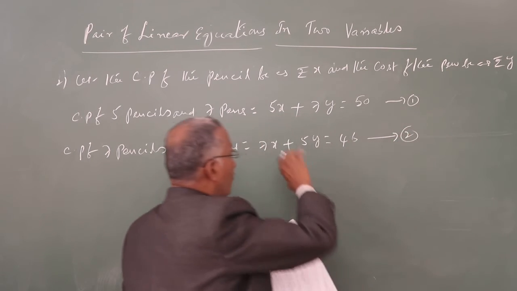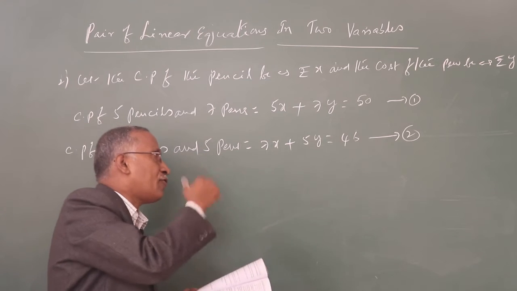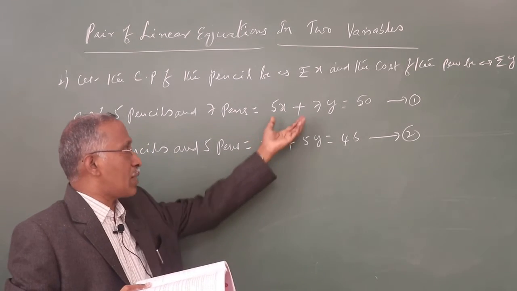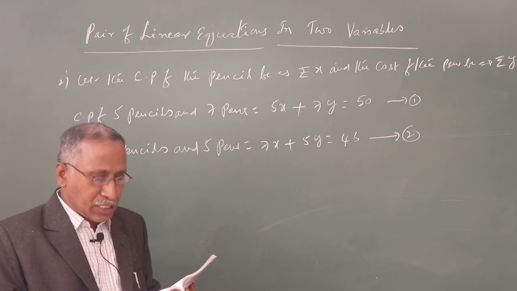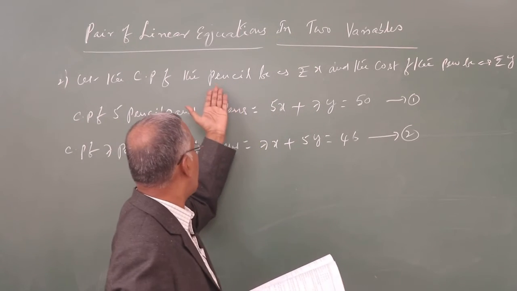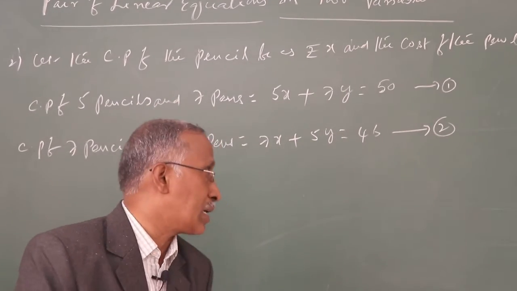See, we have framed and established simultaneous linear equations by relating known facts with unknown facts. From these two, we have to find the cost of one pencil and the cost of one pen. That we have to practice now.